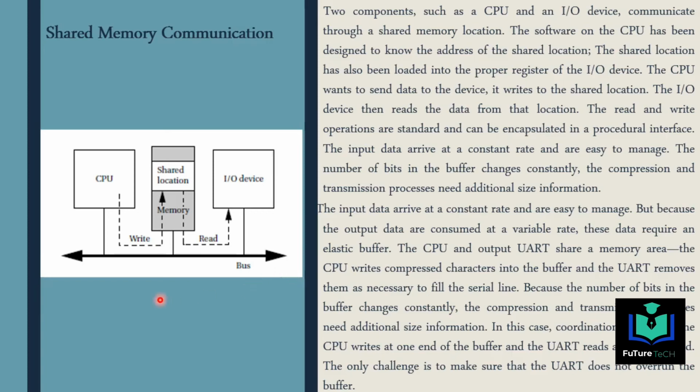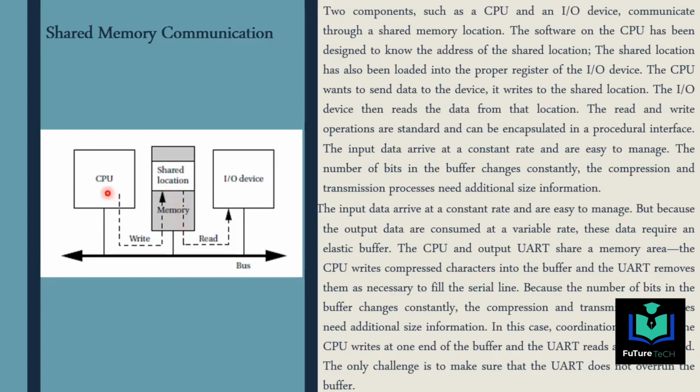Okay, and also the CPU is going to write some details to the memory. When the IO device needs something to read from the CPU, it is not going to communicate directly with the CPU, but instead it is going to communicate with the shared memory location.